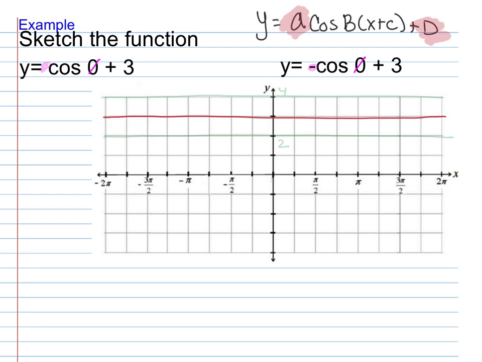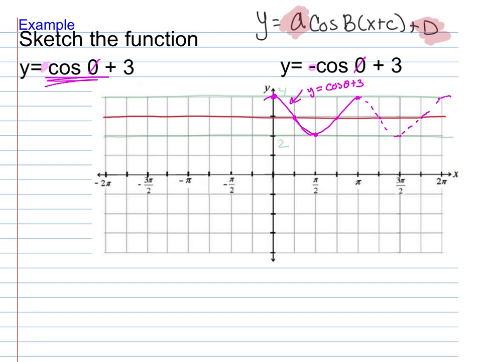So the first thing that we're going to do is this one right here. And since it's a positive, I know it starts at my max point, intercept, minimum, intercept, max. And that means I'm going to have a function that kind of looks like this. And if I keep going, that would be my y is equal to cosine theta plus 3.